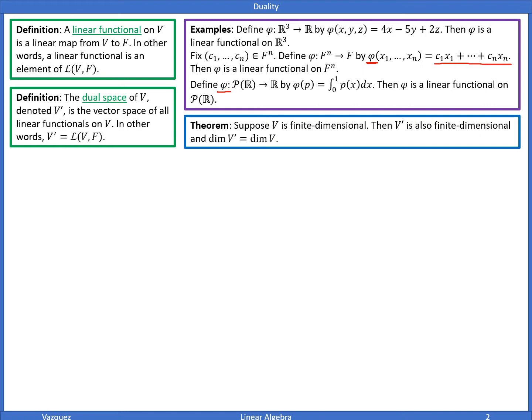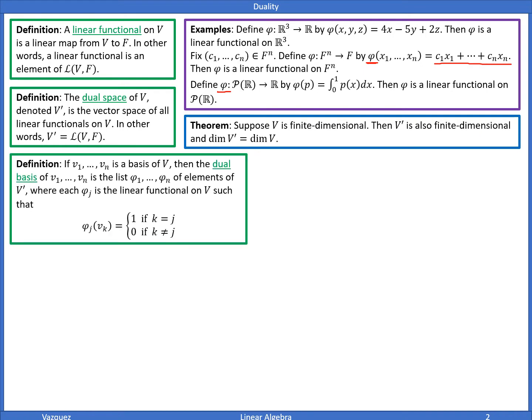Now, this proof follows immediately from a theorem we've seen before. I don't mention it, but I should write it here. Remember that the dimension of F is 1, right? So the dimension of V, we'll just say it's n.